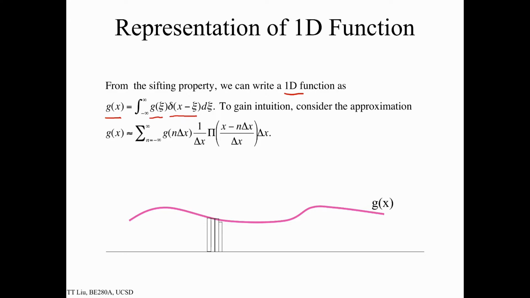It's just that now we have an integral sign here instead of summation, and we're dealing with a Dirac delta function. So the intuition is if you have any function g of x, you can approximate it with these very small rectangle functions, and the approximation becomes increasingly accurate as you decrease the width of these rectangle functions such that they become delta functions. At the limiting point, you're representing it as all these little delta functions.